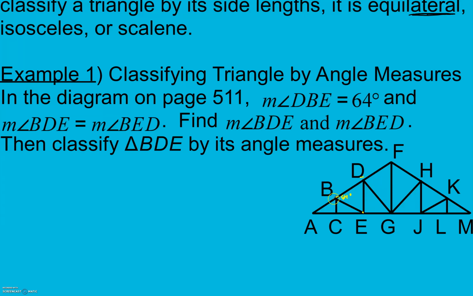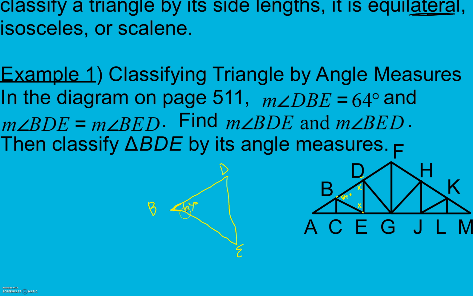And the measure of BDE is the same as the measure of BED. So we're dealing with this triangle here. The way that the letters are listed is important. It tells us the order, and that helps us figure out our angle. So DBE means 64 is in this corner.